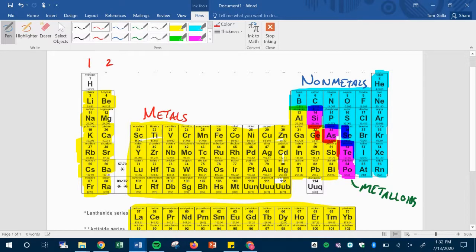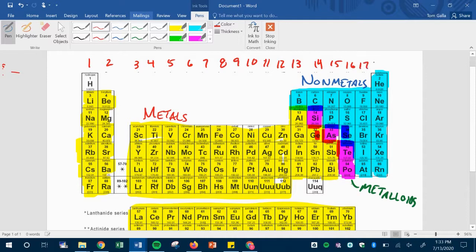This is group 1, this is group 2, and then as it continues on, it's 3, 4, 5, 6, 7, 8, 9, 10, 11, which happens to be copper down, and then 12, which happens to be zinc down. Now this is where we get into that first set of our nonmetals. This is where group 13 is. Group 14 is carbon down. Then group 15 is nitrogen down.